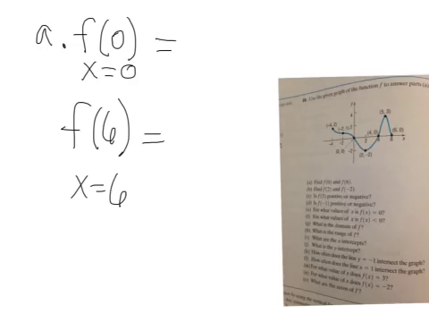So I'm going to go over to my graph, and x equals 0 at this point right there. So it's (0, 0). So when x equals 0, the output is also 0. And then when x equals 6, right here, my y again is 0. So that's that one.